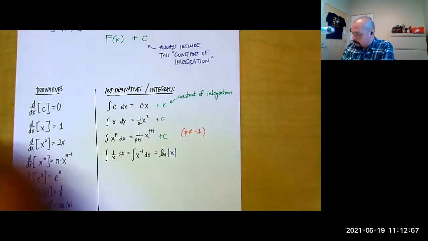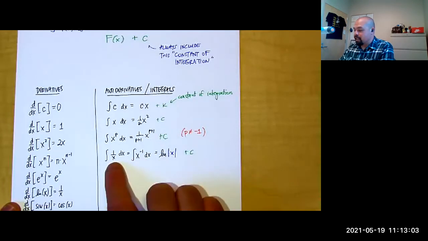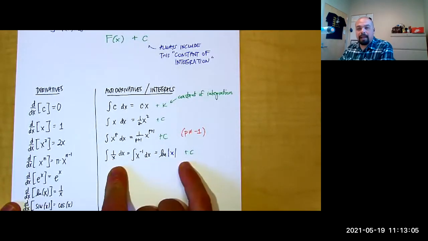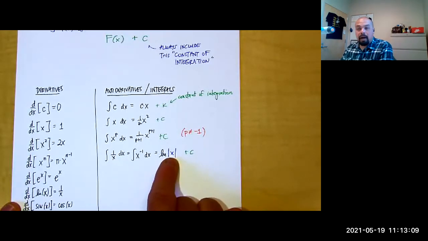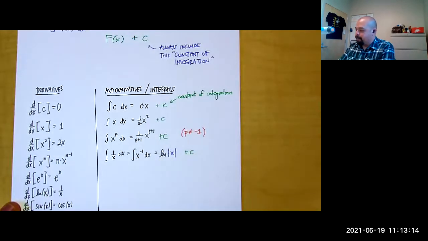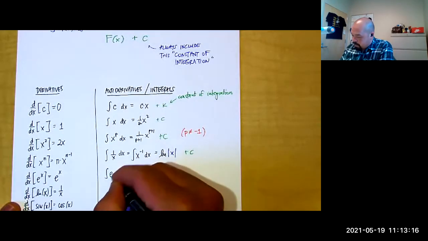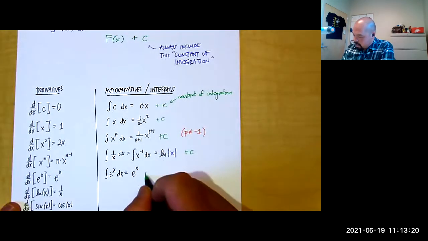Okay, and then plus c on the outside. But importantly, the antiderivative of 1 over x is the natural log of the absolute value of x. We incorporate that absolute value because the natural log is only defined for x greater than 0, so we want to make sure that value stays positive. Okay, and then the antiderivative of e to the x dx is e to the x, of course, plus c outside.